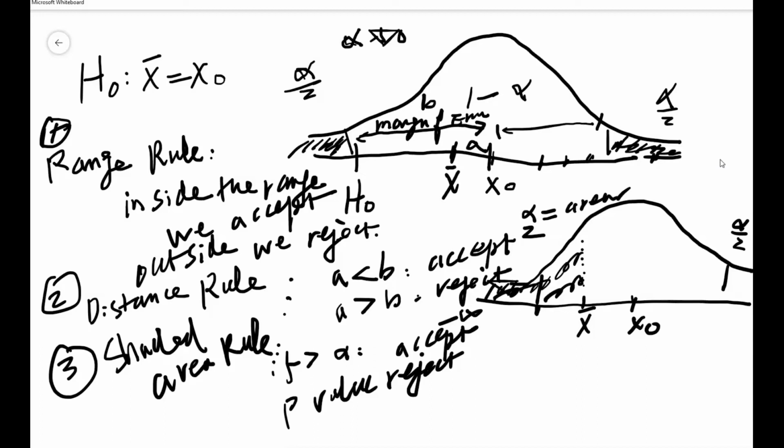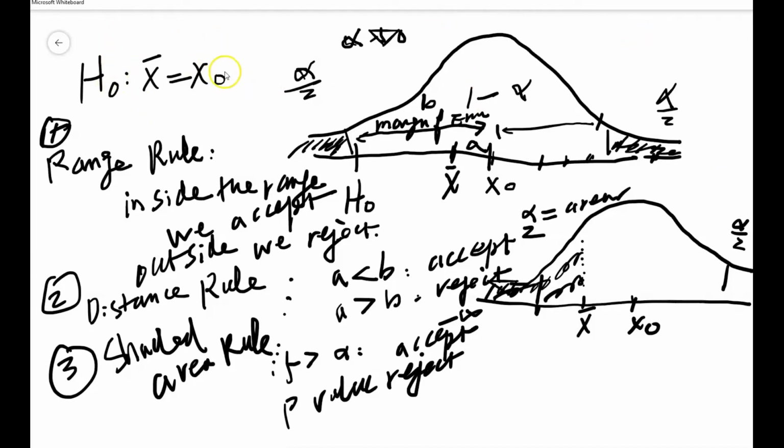It's 1 minus alpha. The range rule states if our x bar is inside this range, this confidence interval, we accept the null hypothesis. Otherwise, we reject.